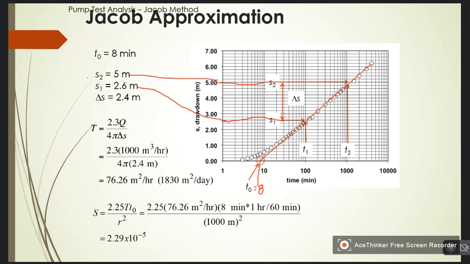So delta S is the difference between these two, and is 2.4. So use this value. T is equal to Q is how much?